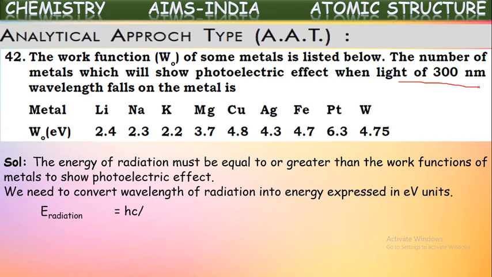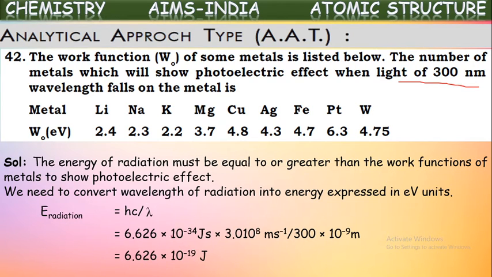Energy of the radiation is equal to hc by lambda, where E is energy, h is Planck's constant, c is the velocity of radiation, and lambda is the wavelength. h and c are constants, their values are known, with c as 3 into 10 to the power of 8 meters per second. If you calculate this, we get 6.626 into 10 to the power of minus 19 joules as the energy of the radiation.